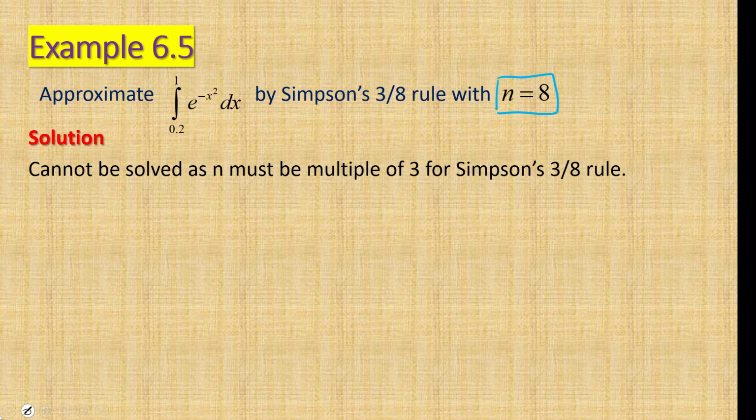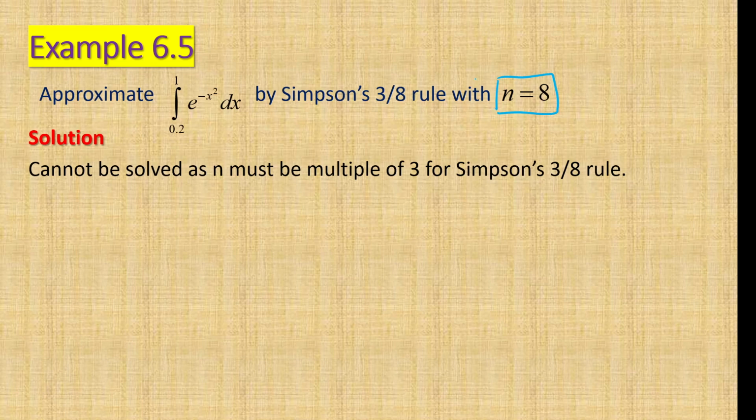For Simpson 3/8, minimum n is 3, from 3 up to 6 and then 9. So when n is 8, it cannot be used, because n must be a multiple of 3. So that's why this one cannot be solved using Simpson 3/8.